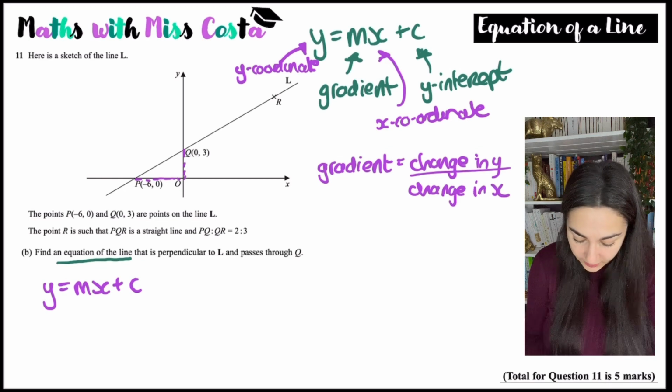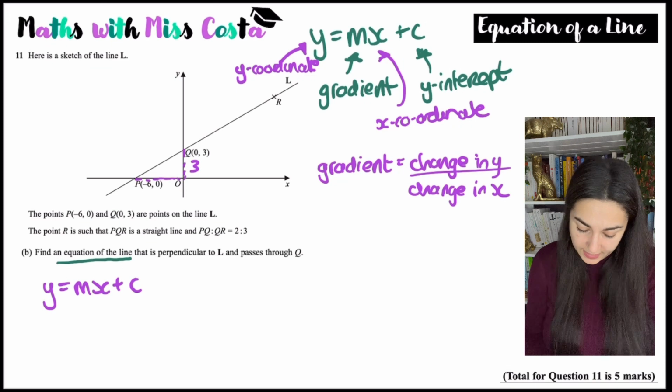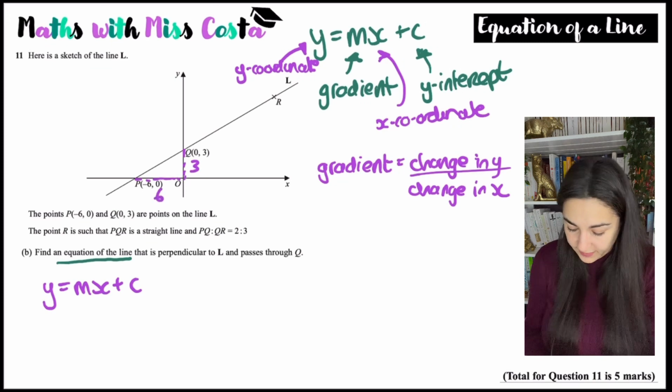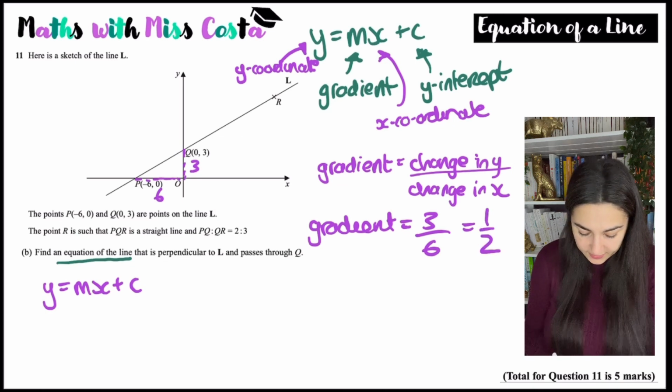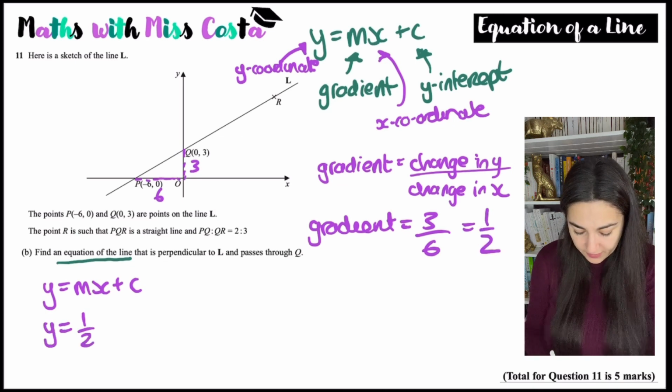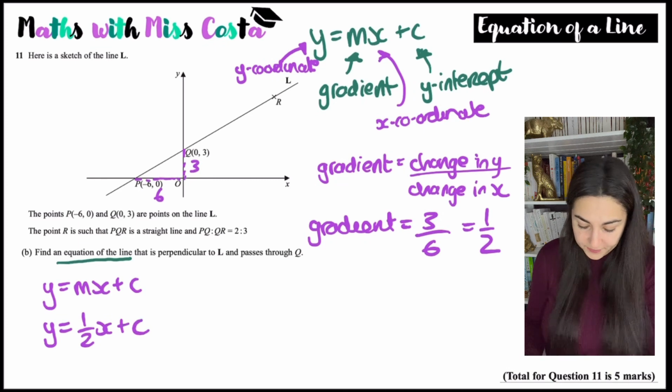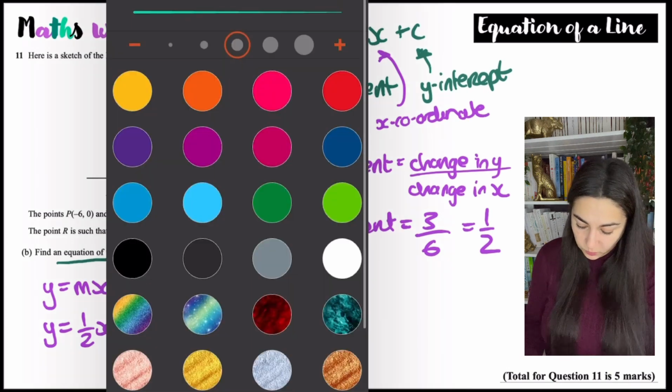So the change in the y coordinates, well, it goes from 0 to 3. So that's the change in the y. And the x, it goes from -6 to 0. So that's 6. So the gradient is going to be the change in y, which is 3, over the change in x, which is 6. So that's a half. Okay, so we can start filling bit by bit in. Y equals a half x plus c. And now c is just the y-intercept.